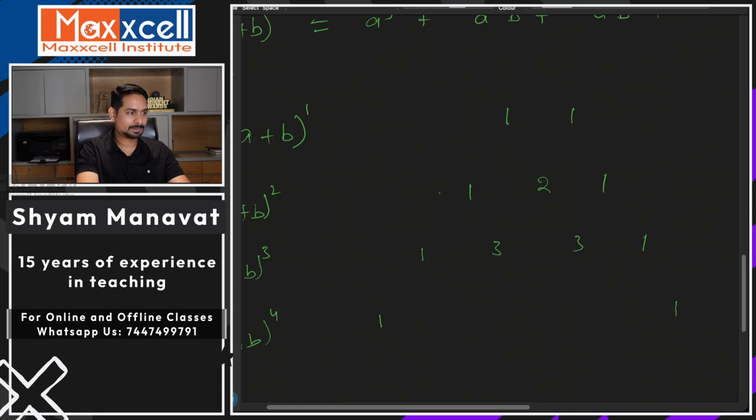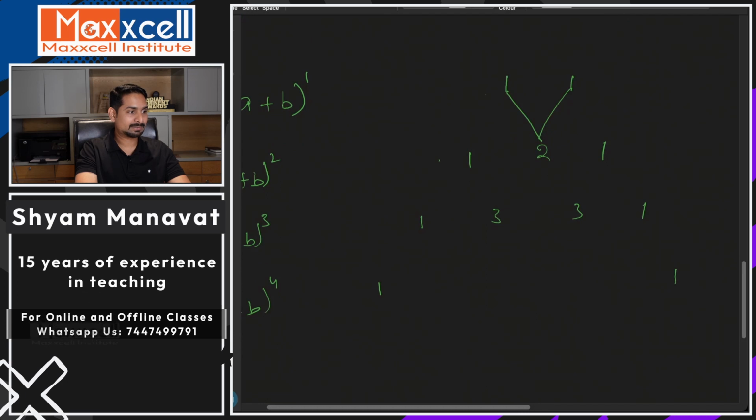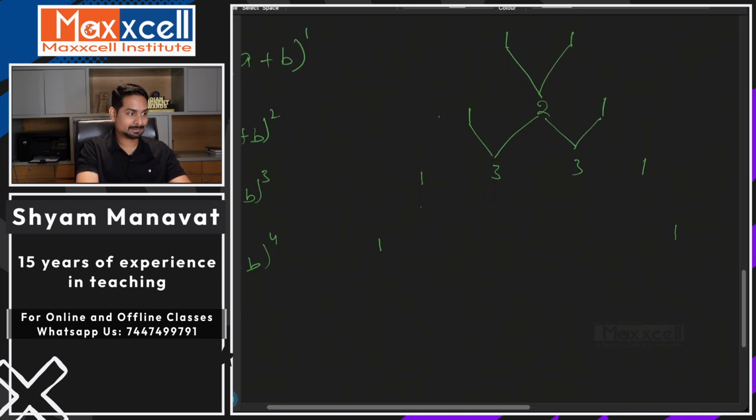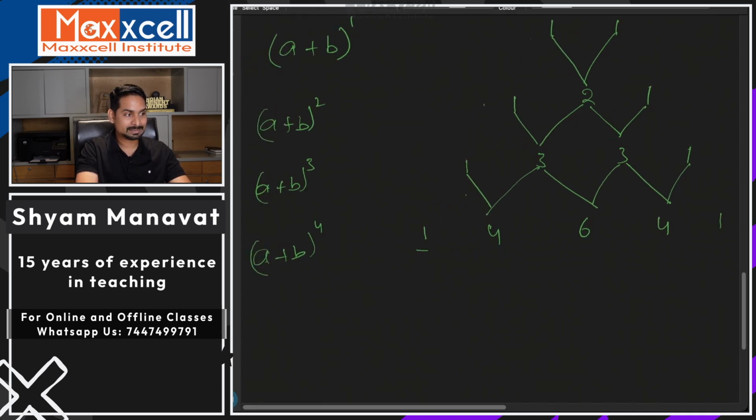Did you understand? Now look at this. It starts with 1, 1 plus 2 is 3, 2 plus 1 is 3, and then again 1. Are you finding the relation? So the next row should be 1, then 1 plus 3 is 4, 3 plus 3 is 6, 3 plus 1 is 4, then 1. These should be the coefficients when you write a plus b to the power 4.